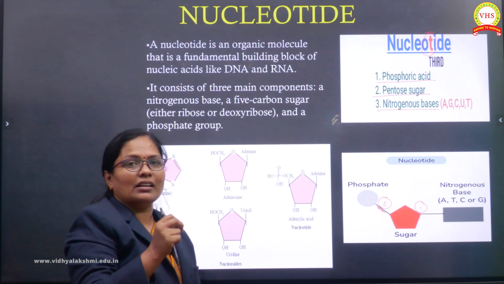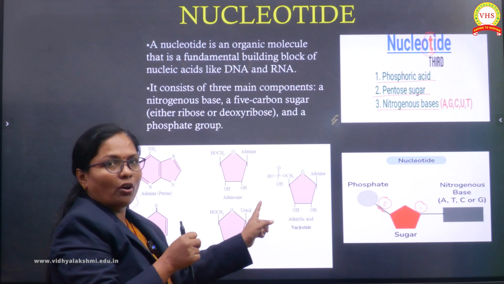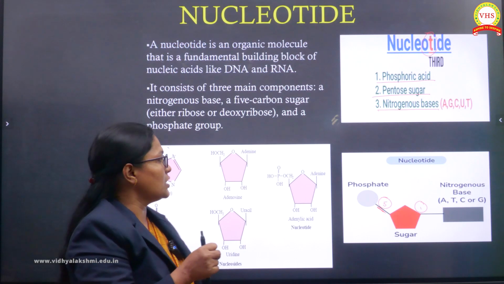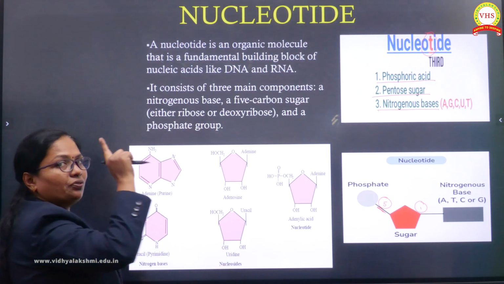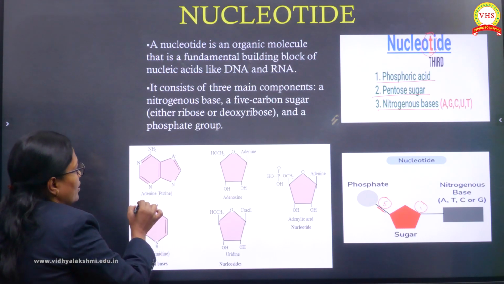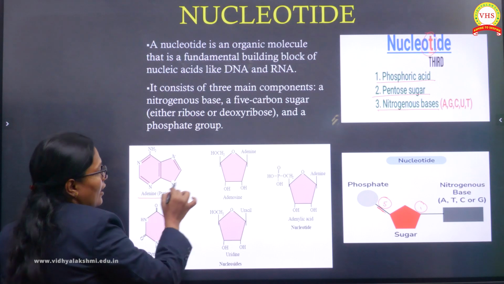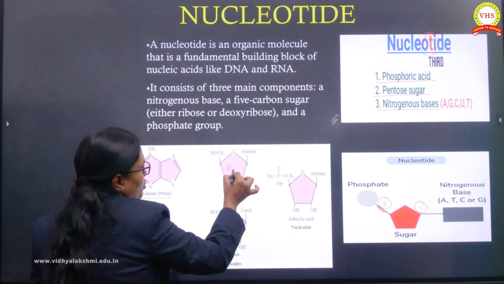A nucleotide consists of 3 structures: sugar, a phosphate group on the 5th carbon, and a nitrogen base on the 1st carbon. This is the image that you learned in 11th standard. Look here. This is the double cyclic structure called adenine. When adenine combines with sugar, now this is a pentose sugar.